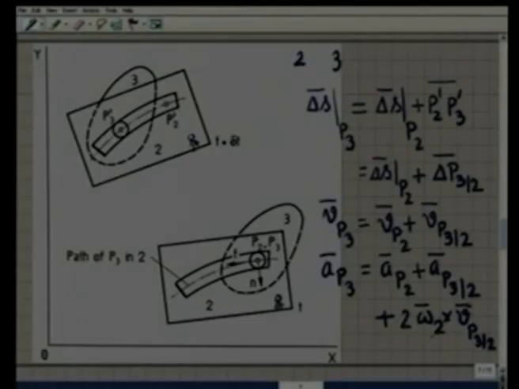It is this last term that is called the Coriolis component of acceleration.